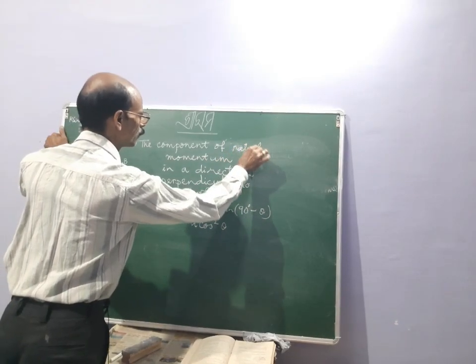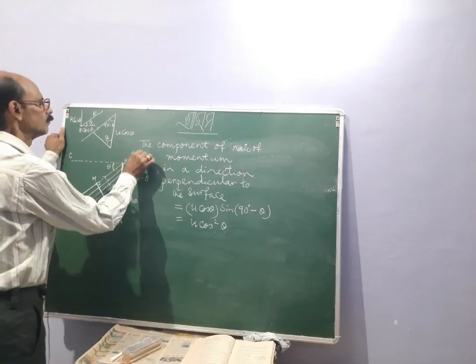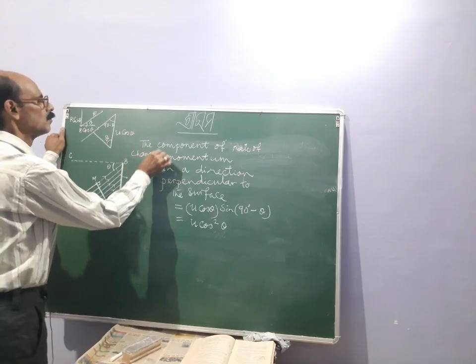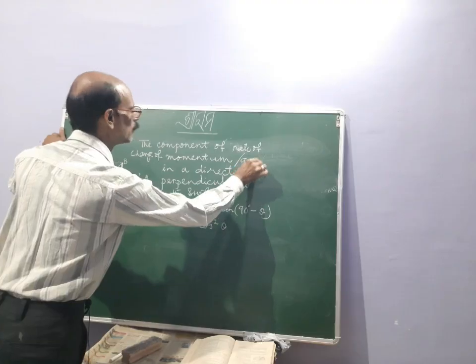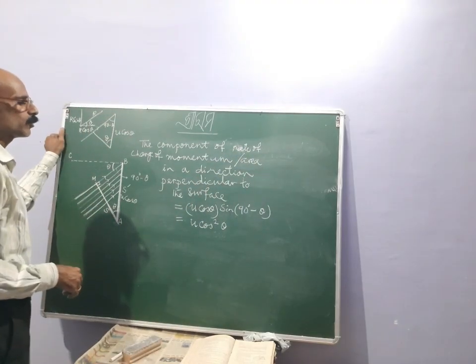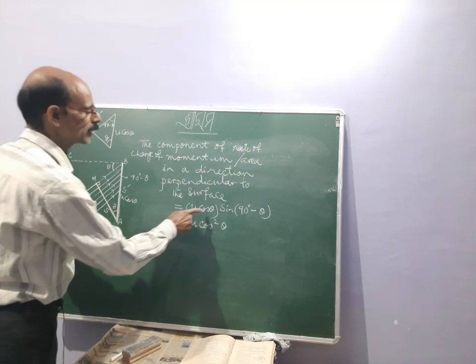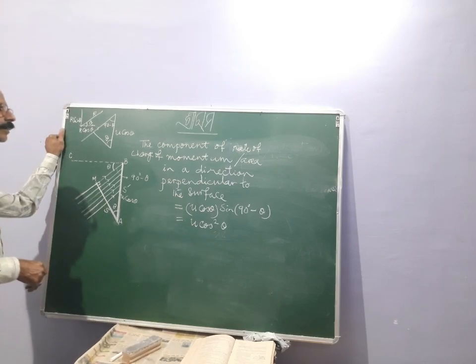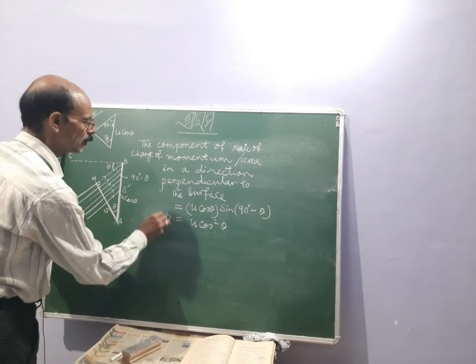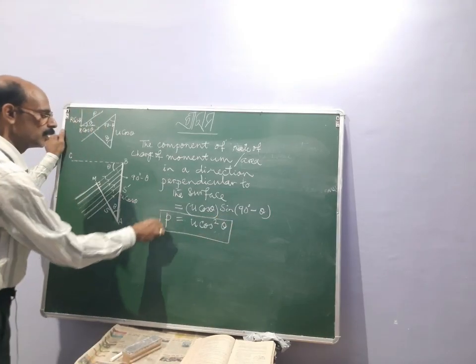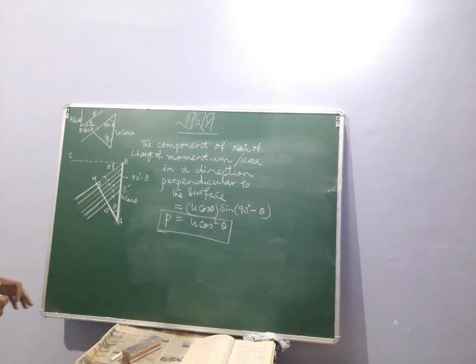The component of rate of change of momentum per area in a direction perpendicular to the surface is u cos theta into sin 90 minus theta. That is u cos square theta. And this is nothing but pressure. So our pressure on the surface is u cos square theta.